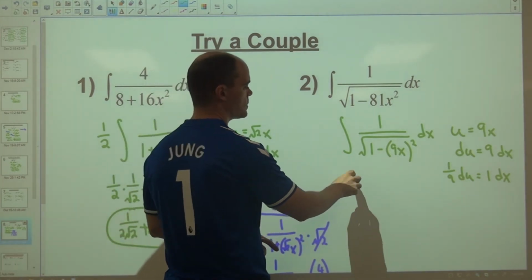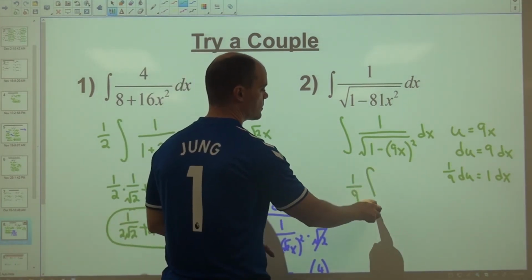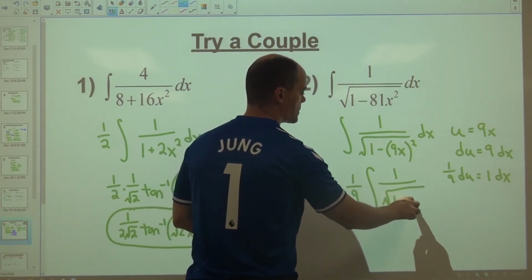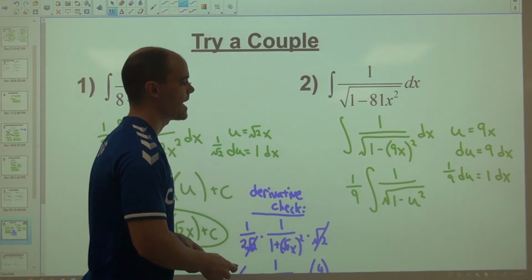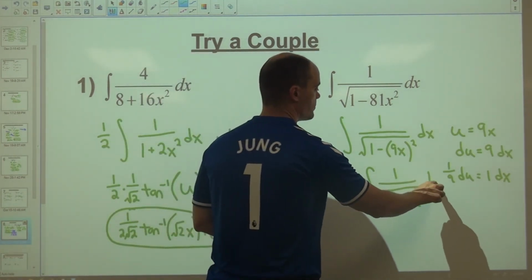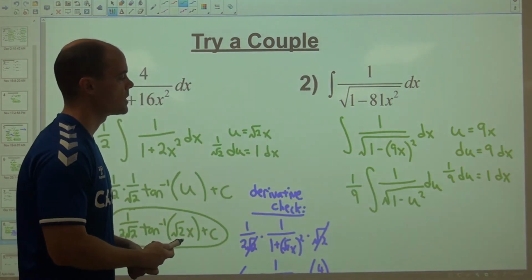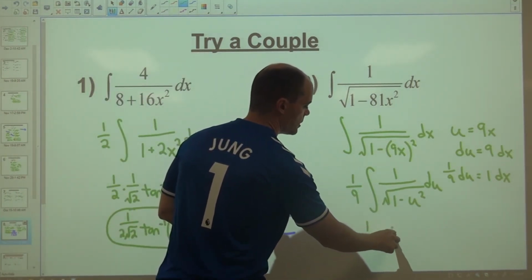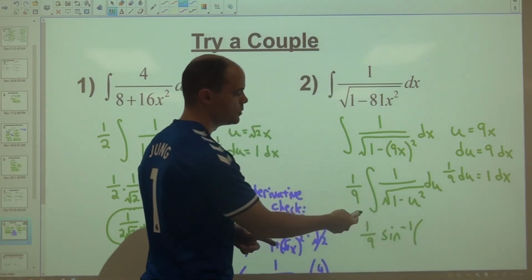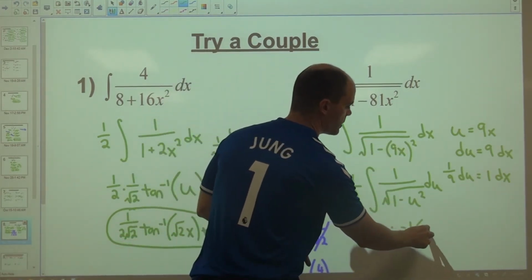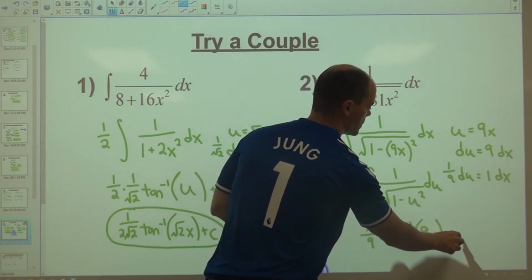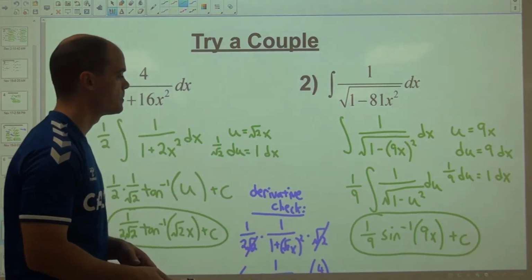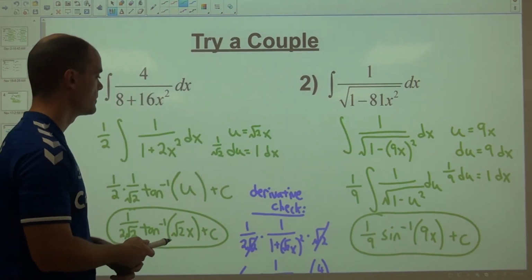Pull off your substitution, 1/9 in front of the integral, and we end up with 1 over the square root of 1 minus u squared du, which is an exact fit of the inverse sine. So we end up with 1/9 inverse sine of u, which I'll plug in right away as 9x, plus c. And there is a very quick and simple inverse sine antiderivative.